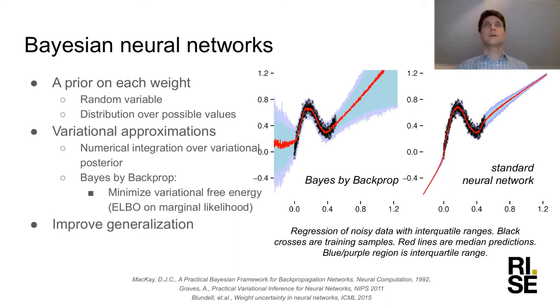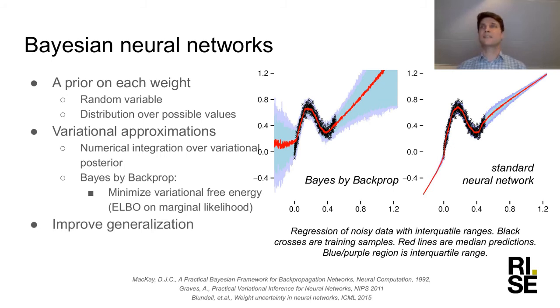So in the plots here, in the left plot, we see a network trained with Bayes by backprop, and we have a regression of noisy data, and we see all the training data as the black X's here. And we see the prediction mean as the red line. And then we have quartiles, which are blue and purple regions here. So you can see in the leftmost picture that as you get farther away from the training data, the uncertainty increases, which is expected and wanted.